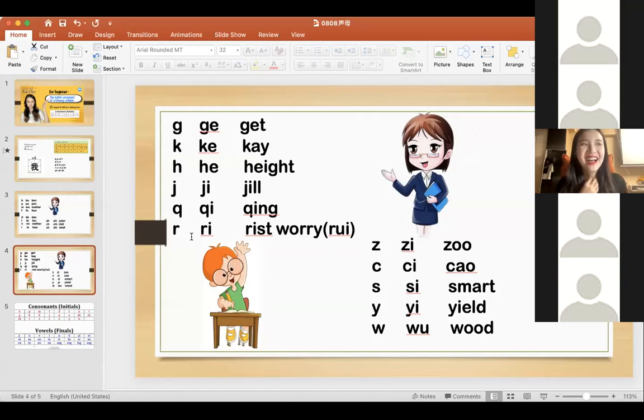I know you guys are really good at making that sound, and in Chinese we don't have this kind of sound. So you just simply pronounce it as r. Make your tongue a little curled, that's fine. R. I can't really pronounce it. Sorry. R. Perfect, perfect.